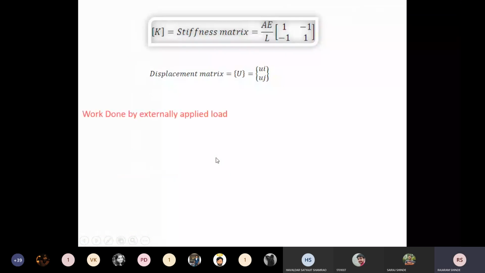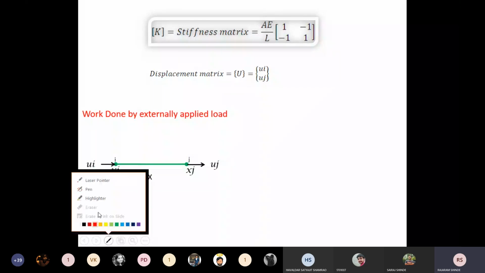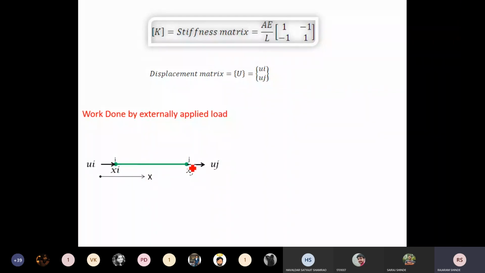Now next we have to go for work done by the externally applied load. Work done is just a force into displacement. Now if we take this image, this is the element. Again here you have forces. Here is one force, that is Fj, we can say. It may be in this direction or it may be in this direction, whatever it may be.